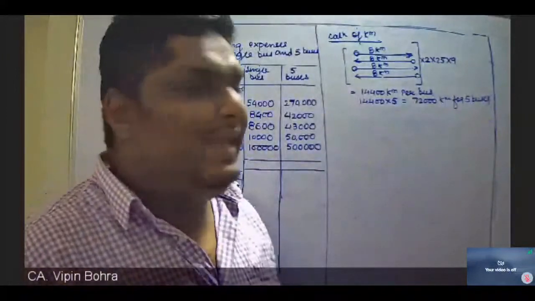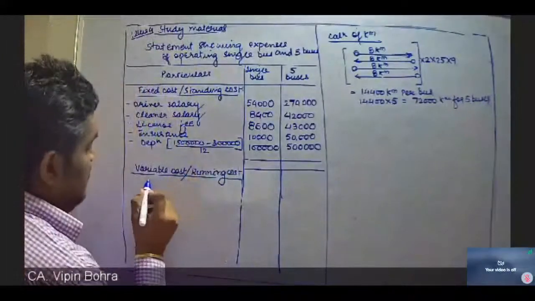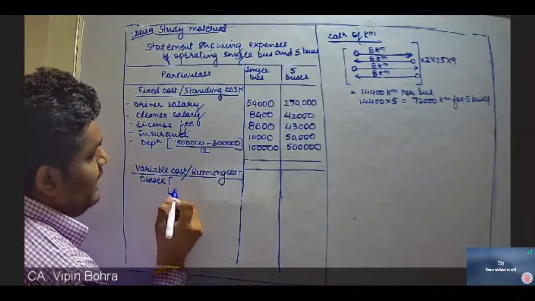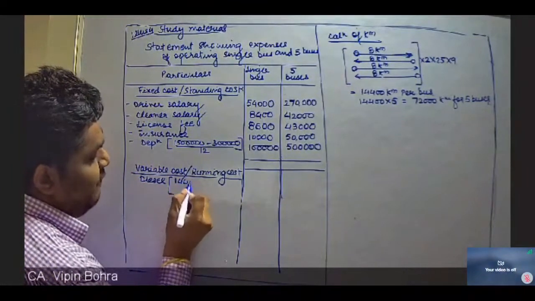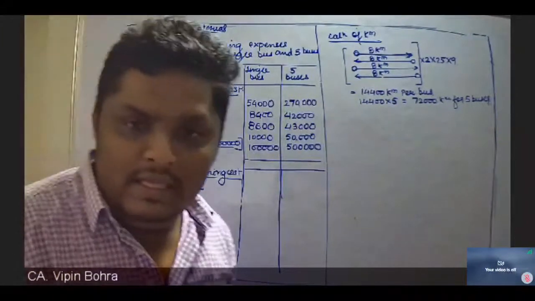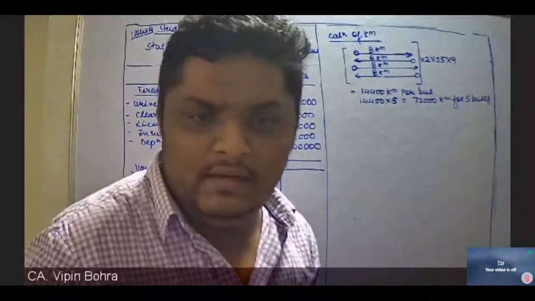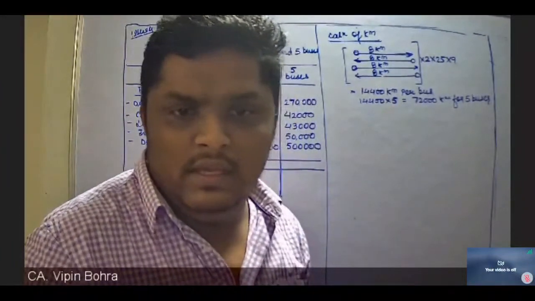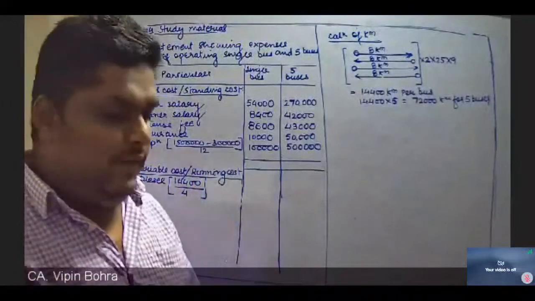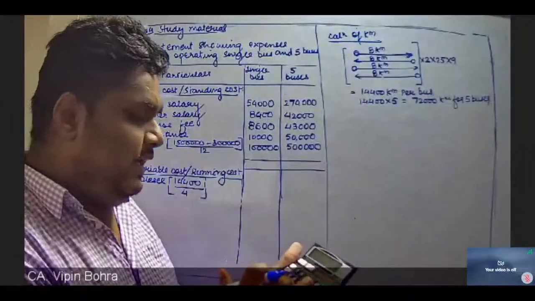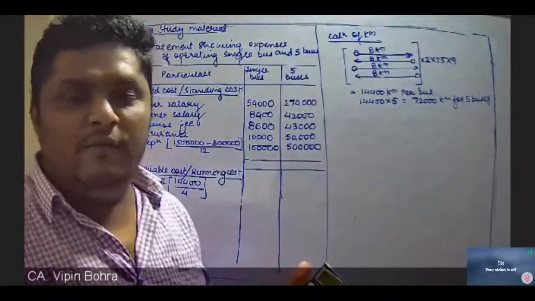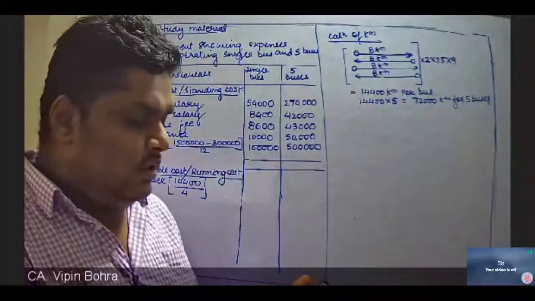So now we can easily calculate the cost of the diesel. Let's say we are calculating for one bus, it's 14,400 kilometers. Each bus gives a mileage of 4 kilometers per liter, so divided by 4 we get the quantity of diesel. 14,400 divided by 4 is a requirement of 3,600 liters of diesel, and the cost of diesel is 45.